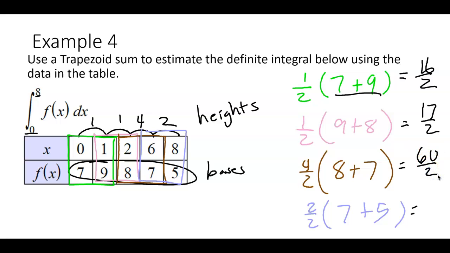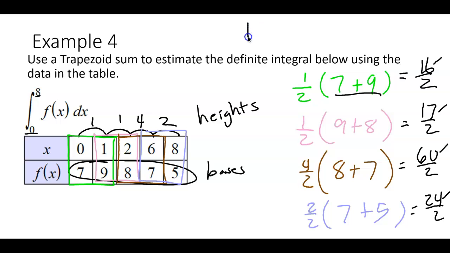Now, let me tell you why I'm doing this. So you can easily add them all. Because you got to add these all together. If you just leave them all over 2, it just kind of makes it so you already have common denominators. However you want to do it's fine. Just make sure you do it. So that's the final answer? We have 16 and 17 is 33, plus 60 is 93, plus 24 is 117.